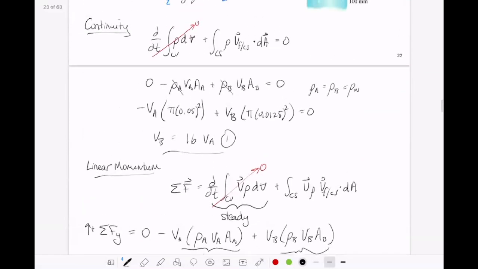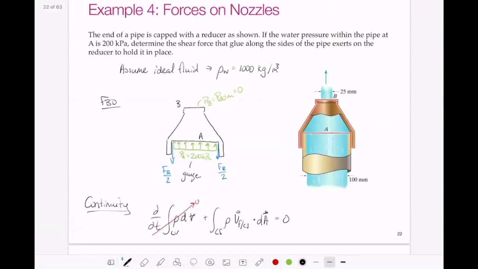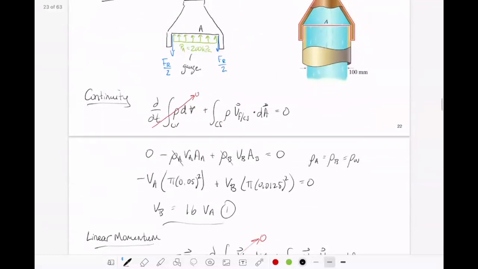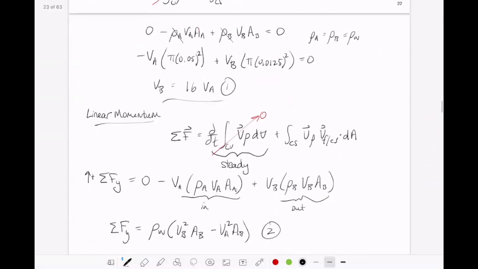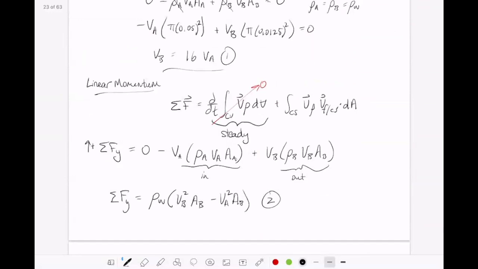So let's review what we've done so far. We have a nozzle. It's filled with water, and we did our free body diagram of the forces acting on the nozzle, which was our control volume. We used continuity to relate the velocities at the inlet and the outlet, assuming steady flow and conservation of mass. And then we used our linear momentum equation to find an equation for the sum of the forces, which would be equal to those reactions from our free body diagram.